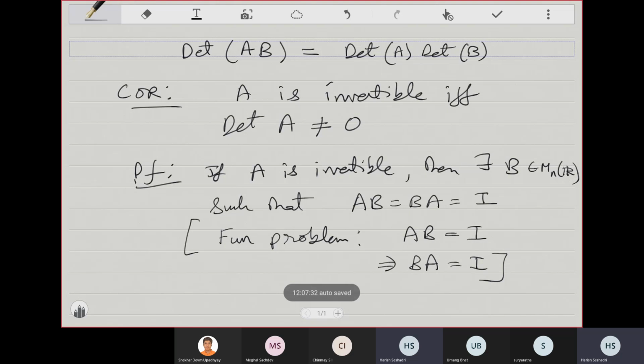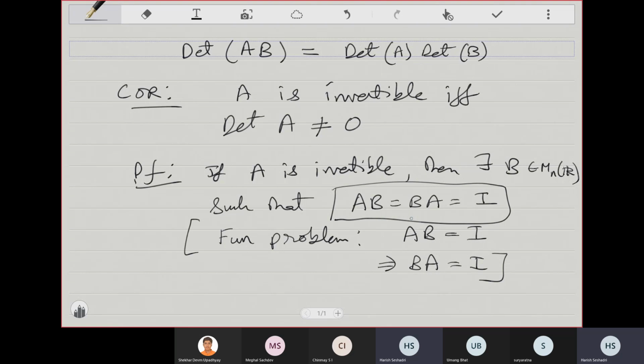You can't prove this just by trying to manipulate, multiplying both sides. By the way, if you want to do this problem, don't say that B equals A inverse or something like that. There is no meaning to that statement. The concept of inverse comes in only when you have both equations holding.